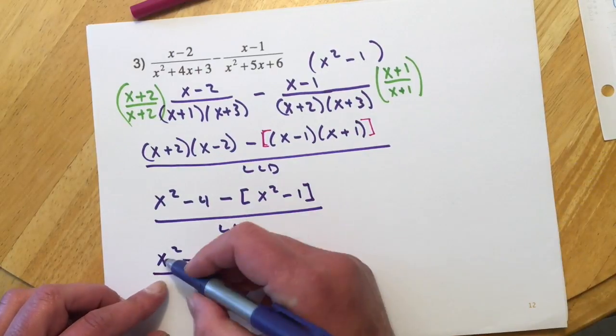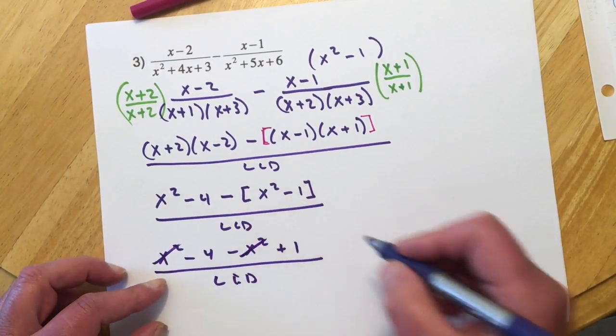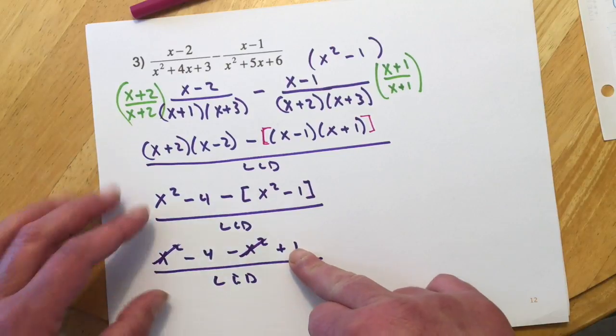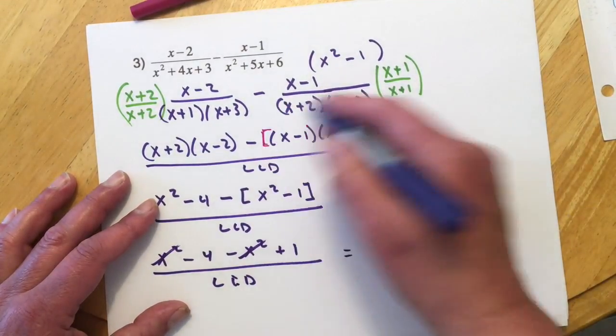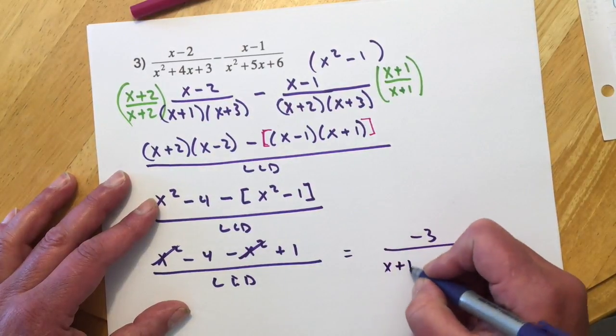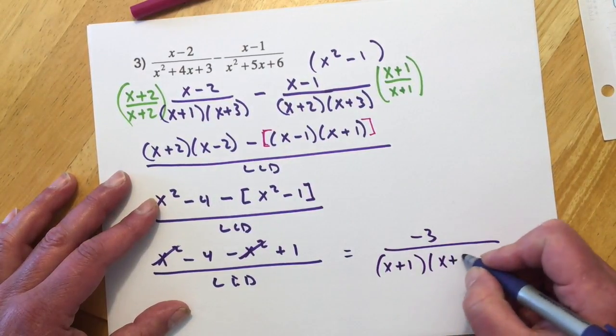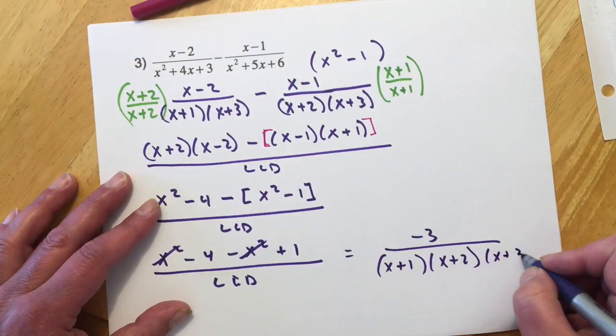And let's see. Okay, well those cancel. That's nice. And I'm left with negative 4 plus 1, so that is negative 3. And then just write down the LCD and that'll be it. x plus 1, x plus 2, x plus 3.